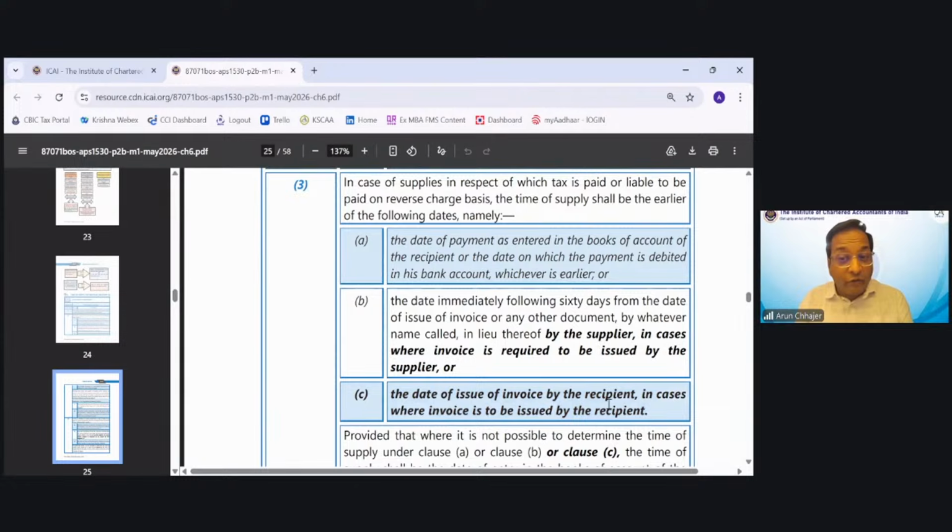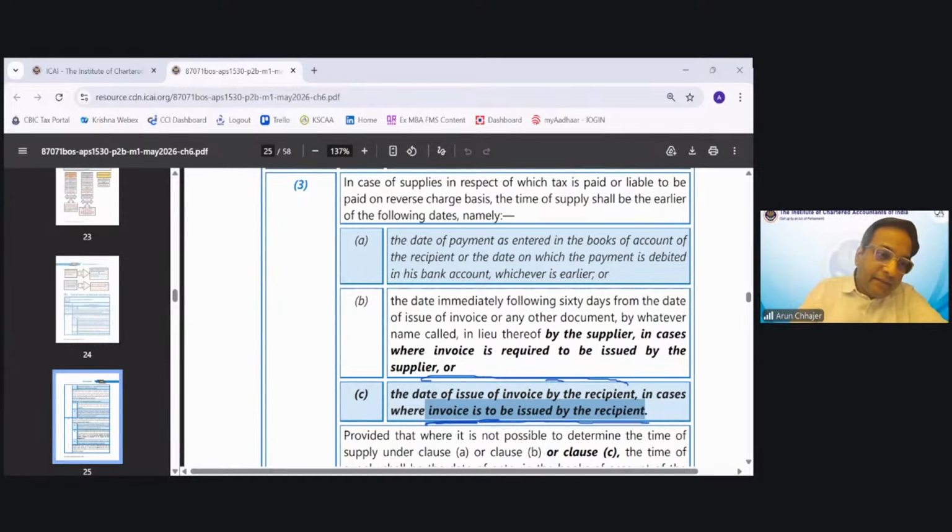The date of invoice by the recipient, in case when invoice is required to be issued by the recipient. I am highlighting this part: invoice is to be issued by the recipient.